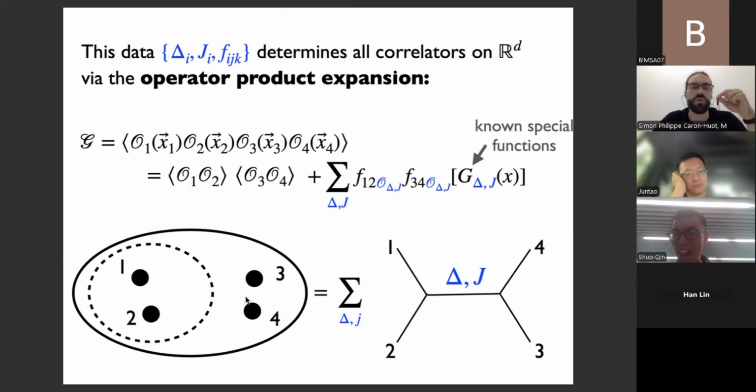So if you want to measure a 4-point fluctuation, for example, you can express it as a product of two 3-point couplings times some special function that depends on all these coordinates. That is a known special function related to the conformal group, SO(d+1,1). And we write this operator product expansion in this picture on the right.